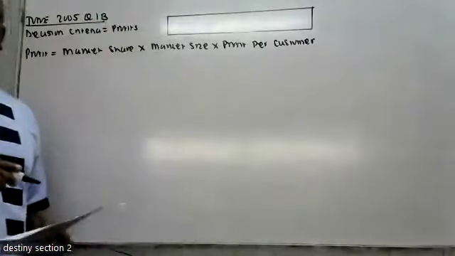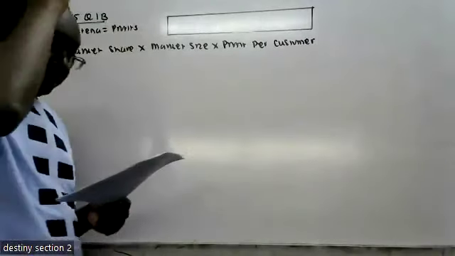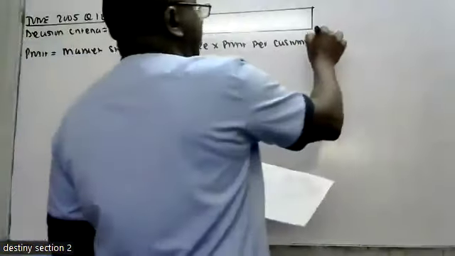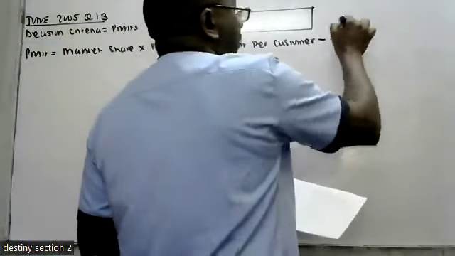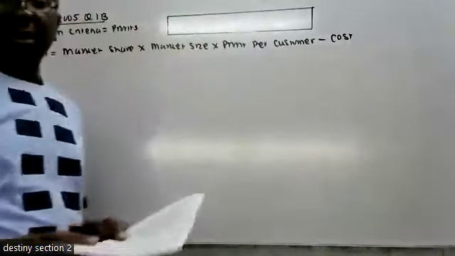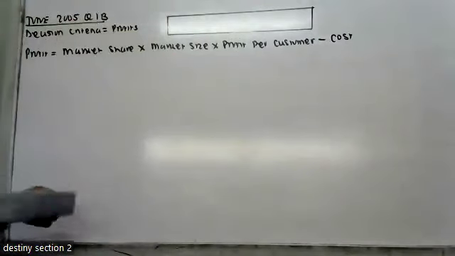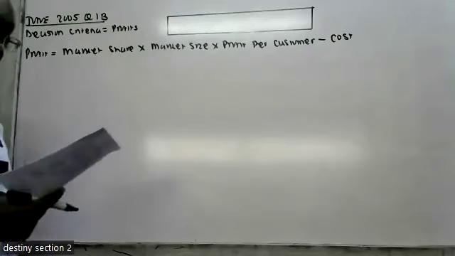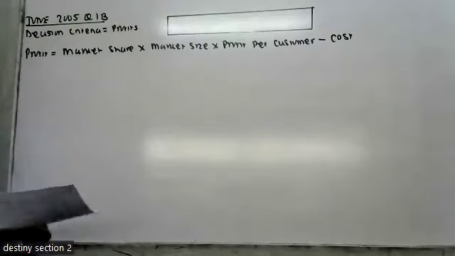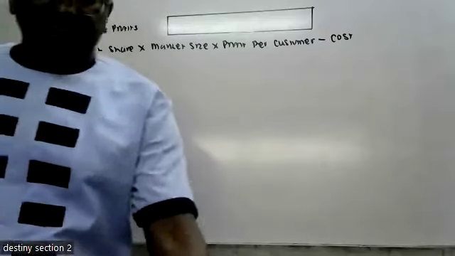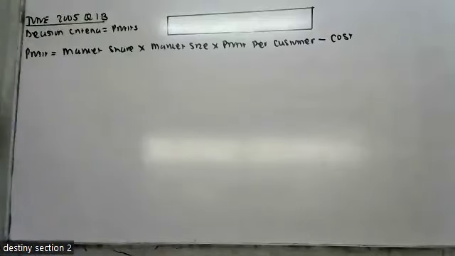When you multiply by the profit per customer, then you less cost. That's how we shall get the profit: market share times market size times profit per customer, minus the cost.